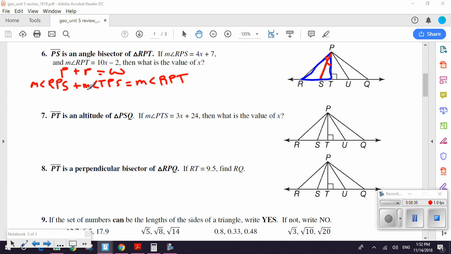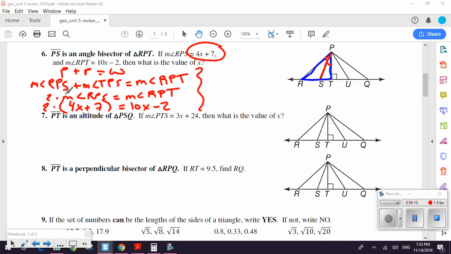So similar to last time, since these are congruent and we only have one of them anyway, we could say 2 times the measure of RPS is equivalent to the measure of RPT. So 2 times 4x plus 7 is equal to 10x minus 2.